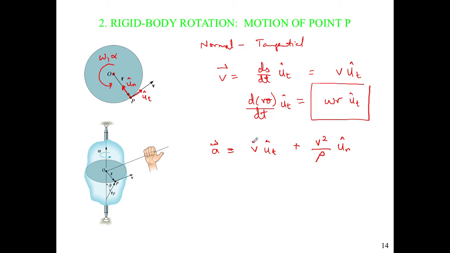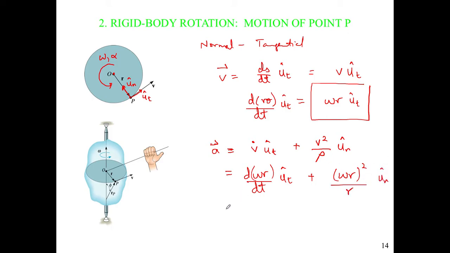So for v dot I have the differential of my omega r, right? The differential of this velocity scalar, plus in v squared let me just pop in my omega r squared divided by rho, which is in this case just r.